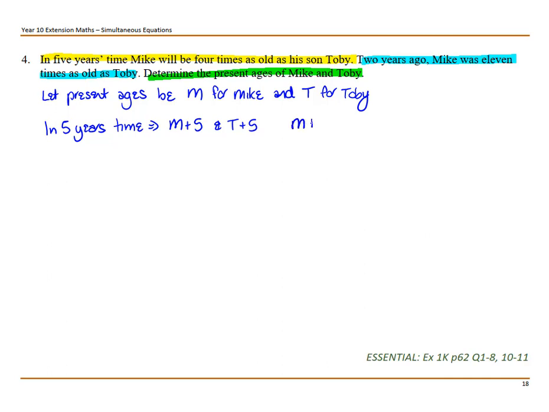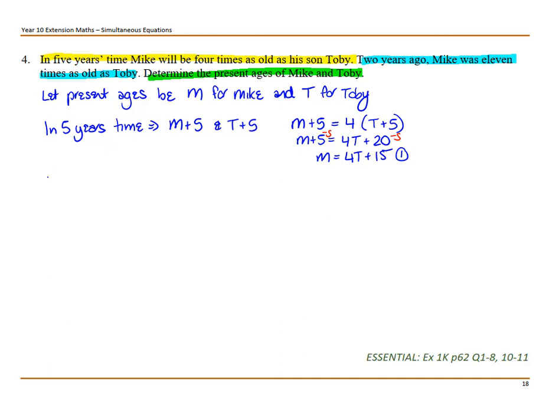So that means M plus 5 has to equal 4 lots of what Toby is in 5 years' time. So M plus 5, let's expand our brackets, is 4T plus 20. Get M on its own. M is going to be 4T plus 15. Just taken 5 from both sides. So we have our first equation.